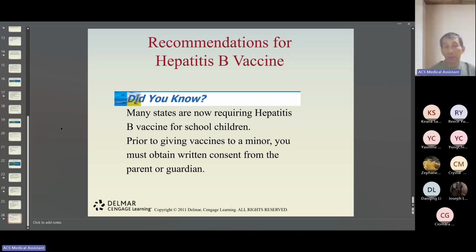So we ask for consent. You agree or you disagree. If you agree, we do it. If you don't agree, we don't do it. You put the child at risk, that's your problem. So that's basically what it is.